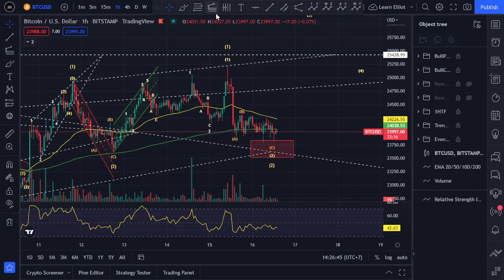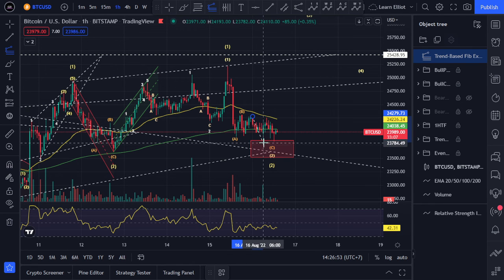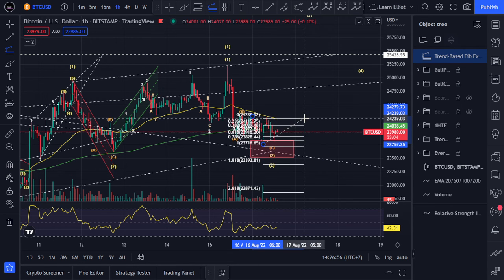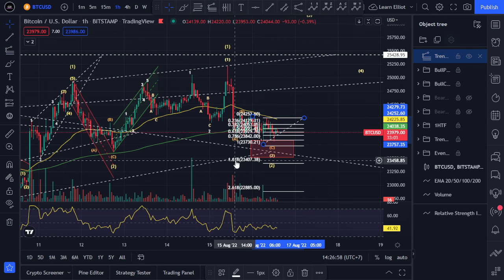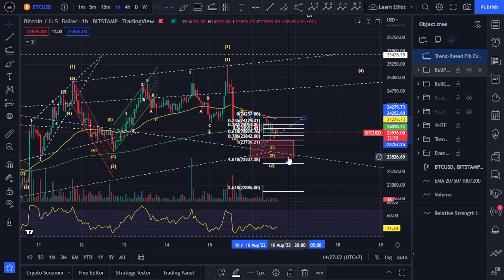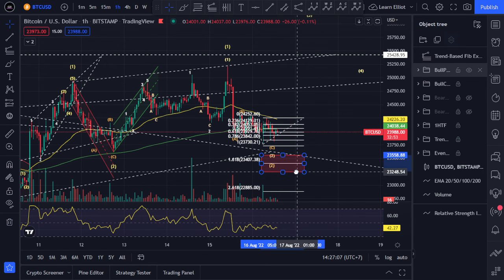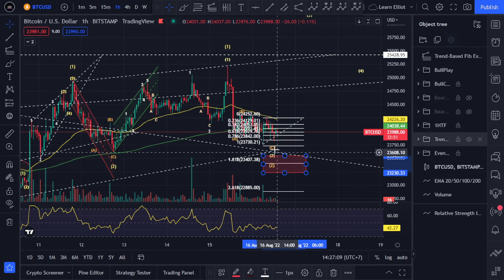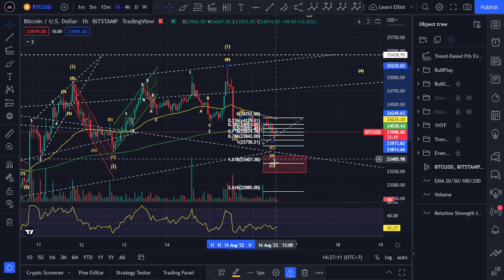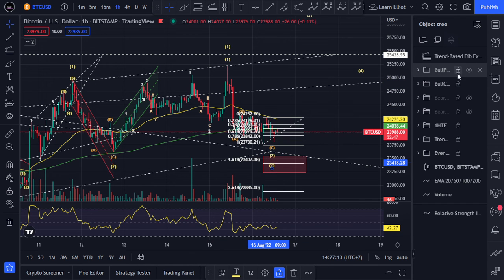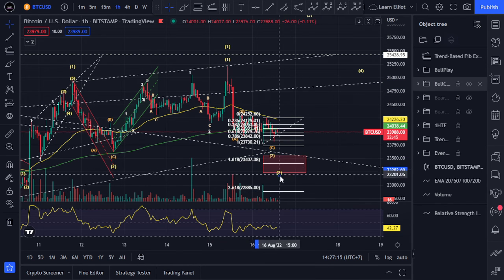From this wave here, I'm still expecting a further drop, maybe to around the 1.618 Fibonacci retracement here. So I'm going to move this rectangle down below, somewhere around here, in order for this wave to actually be in play.